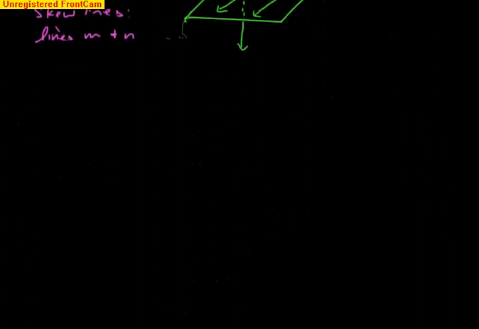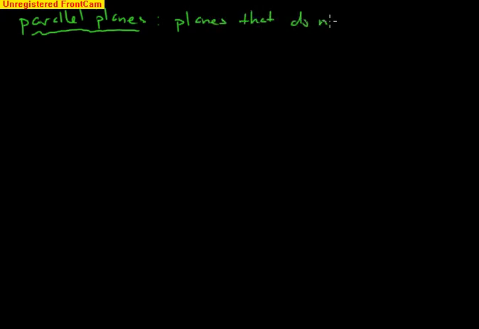Okay, so next let's move on to parallel planes. Okay, so another definition here. Parallel planes, just like parallel lines, are planes that do not intersect. And a picture would just be two planes, and again, I'll do my best to draw freehand.